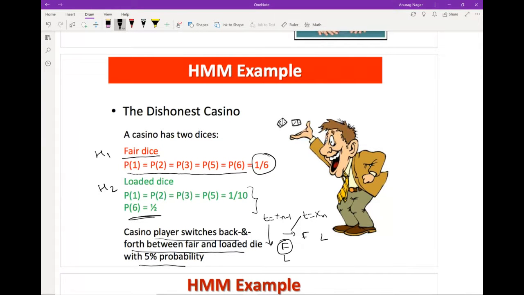So fair to fair, the probability is 95% and 5% chance that he will switch state. Similarly, L to F, 5%, and this will be 95%. So this is what we mean by this statement right here. Okay, so I have whatever I was looking for.